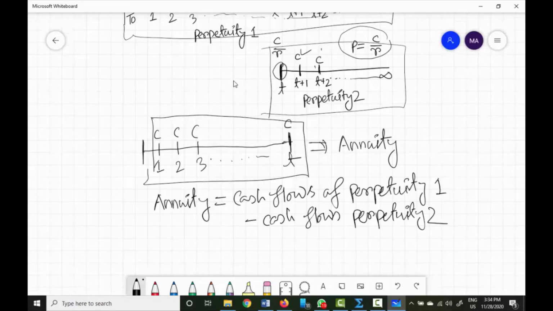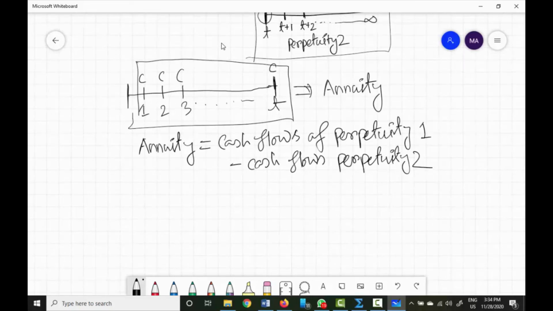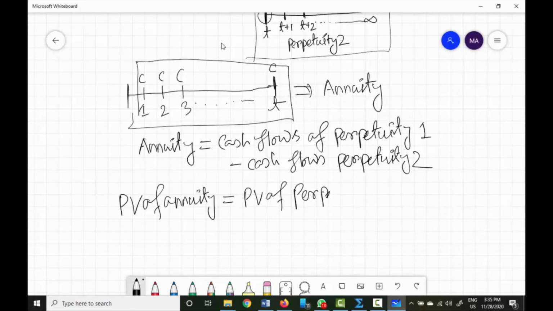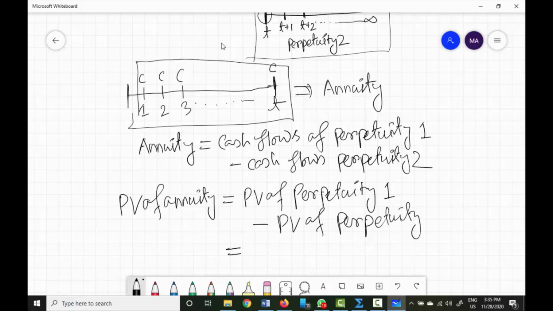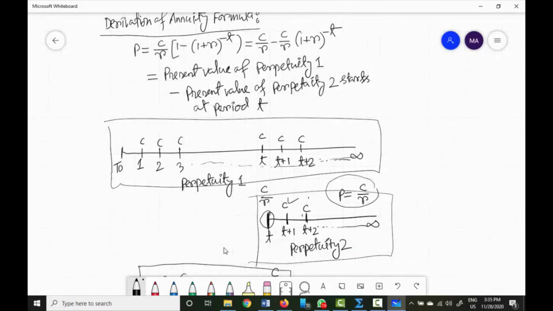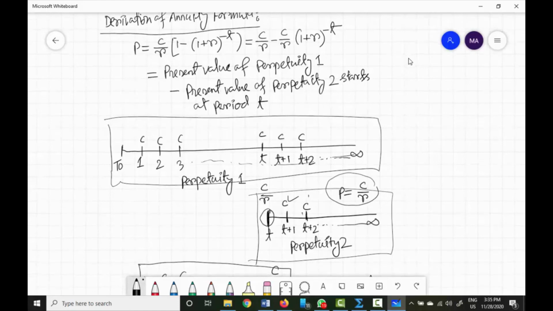So obviously if you want to find the present value of the annuity, you need to know the present value of perpetuity 1 minus the present value of perpetuity 2. Right. So the present value of perpetuity 1 we already know.